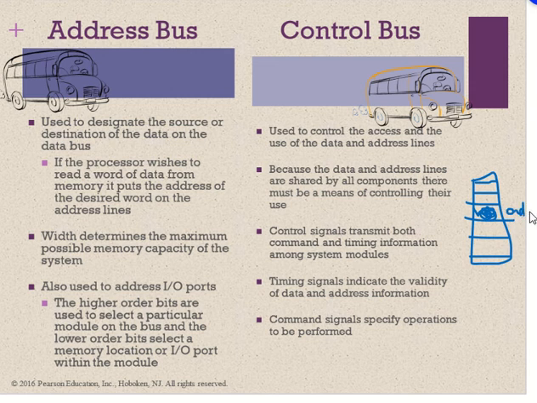Every location has an address. Maybe this is address 0, address 1, address 2, address 3. So I am going to write to address 3. The address bus contains that address. It's used to designate the source or destination of the data: where to put it, or from where I have to take it.